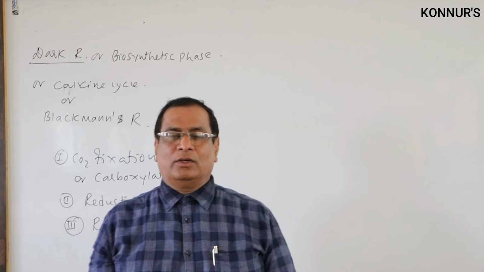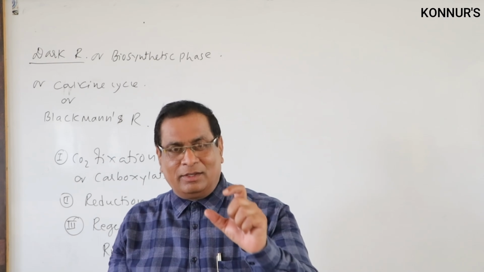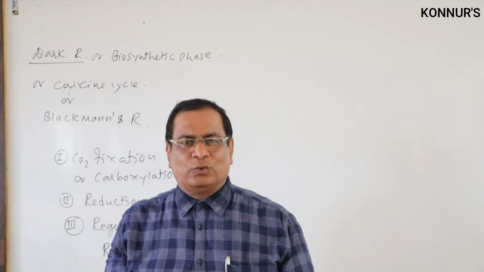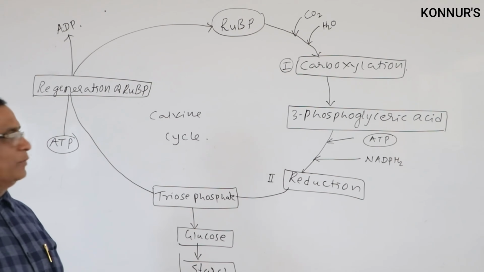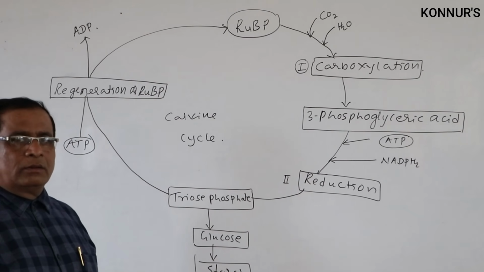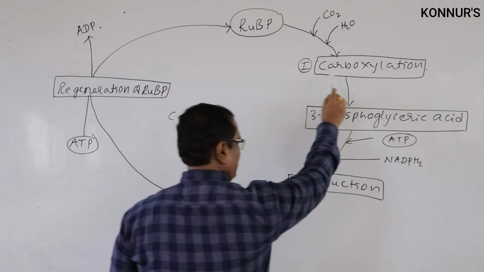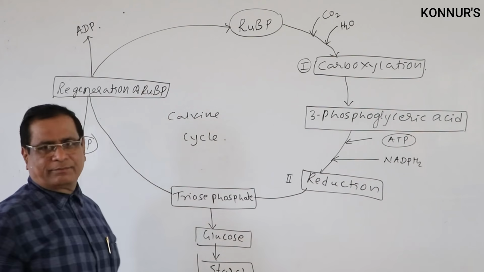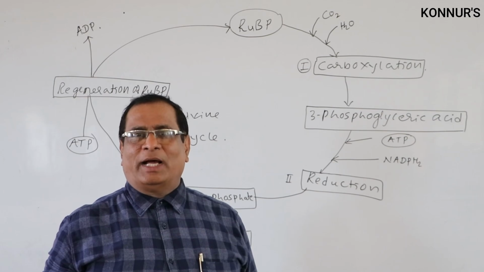If I draw that cyclic pathway, we can understand it, and we can even get as many NEET questions concerned with this Calvin cycle. This is the Calvin cycle. Here you can see the cyclic pathway as well. The dark reaction takes place in 3 steps: carboxylation, reduction, and regeneration of RuBP, and it takes place in the stroma.